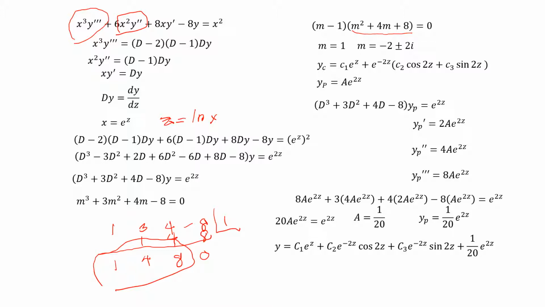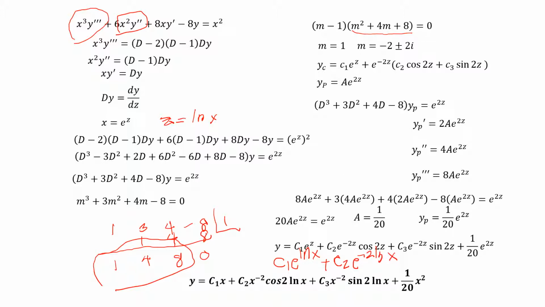This becomes c1 e to the ln of x, plus c2 e to the negative 2 ln of x cosine of 2 ln of x, plus and so on.